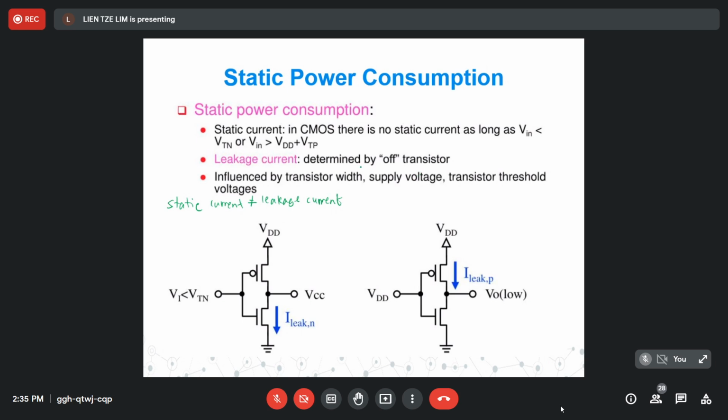It is influenced by the transistor supply voltage and transistor threshold voltages.